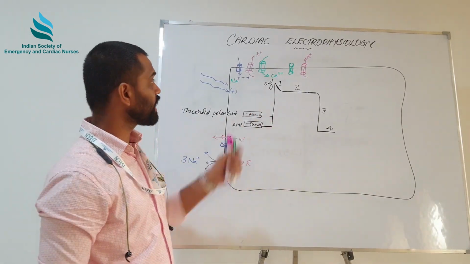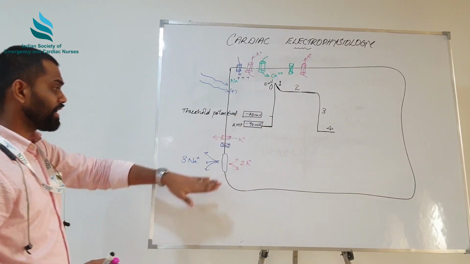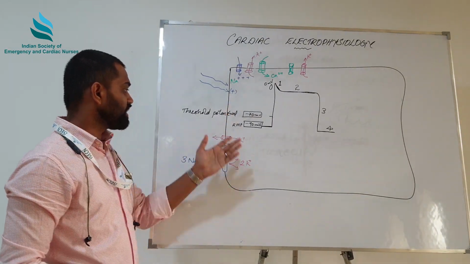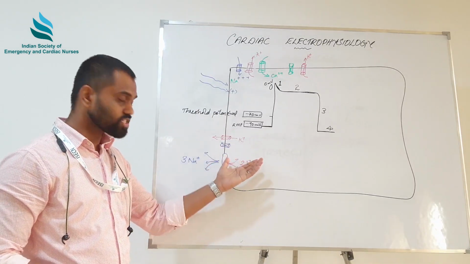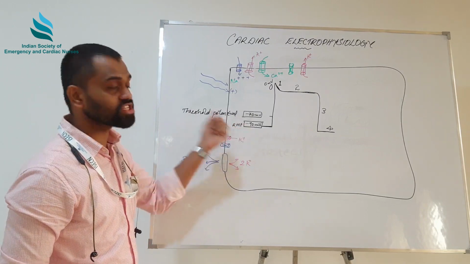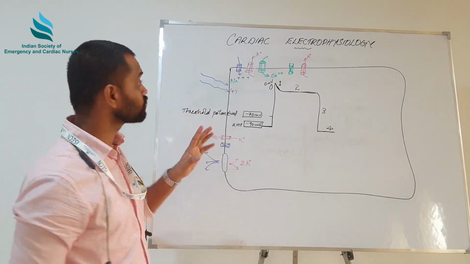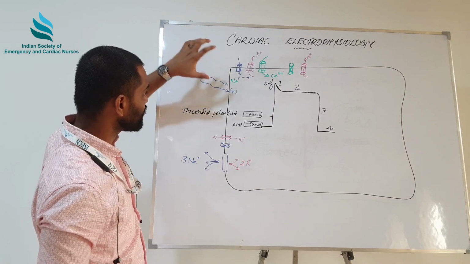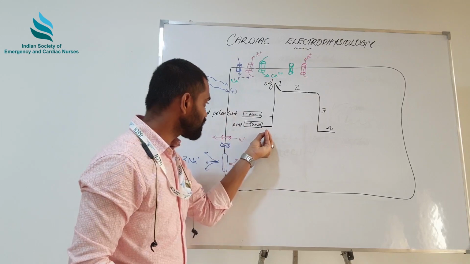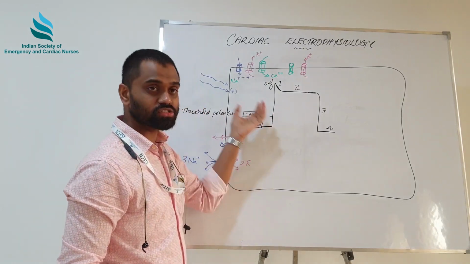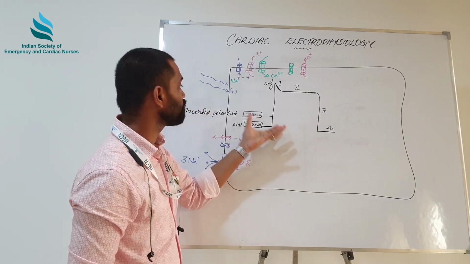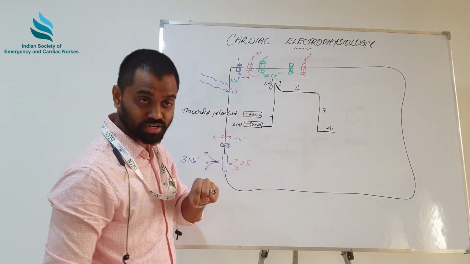So just to recap what is happening here, at the baseline the sodium potassium ATPase is functioning along with the leaky potassium channels. With this property, the cell is losing cations and it reaches a resting membrane potential of minus 90 millivolts. When the cell is excited by the influx of some cations, the membrane potential will rise because it is flooded with cations, from minus 90 millivolts to minus 70 millivolts.